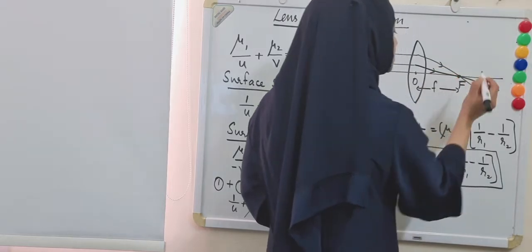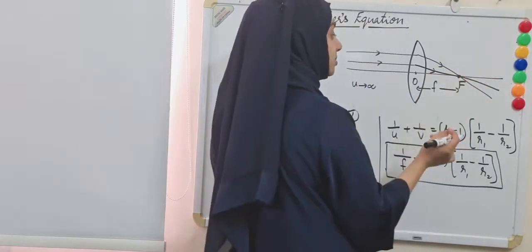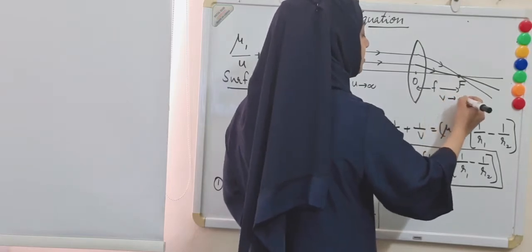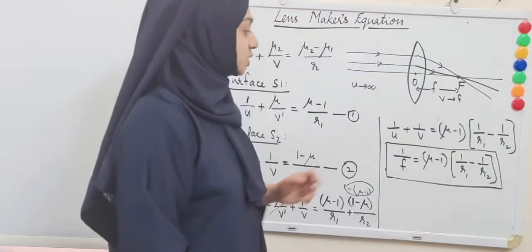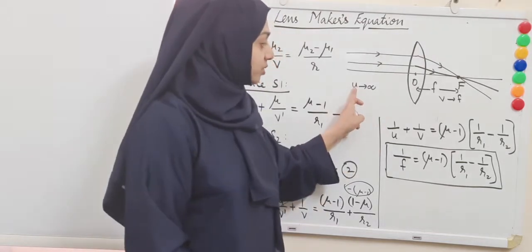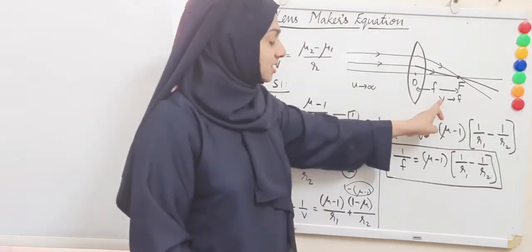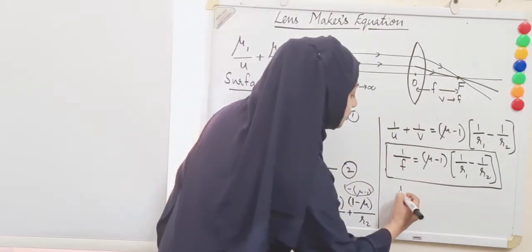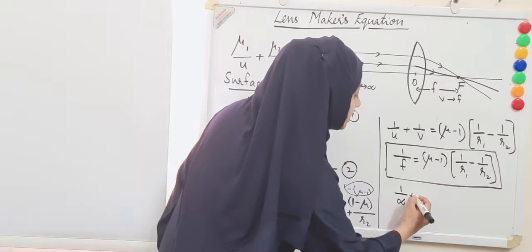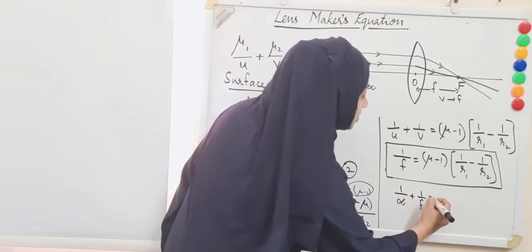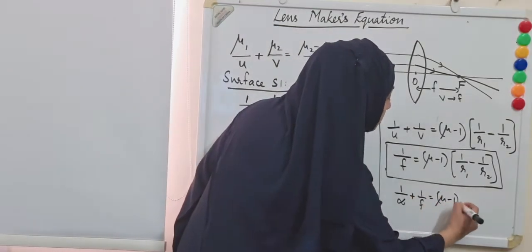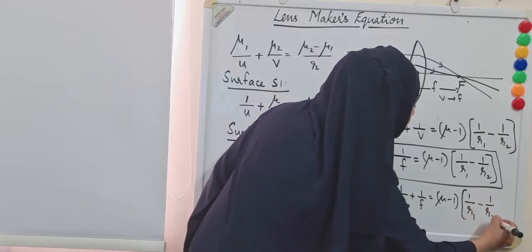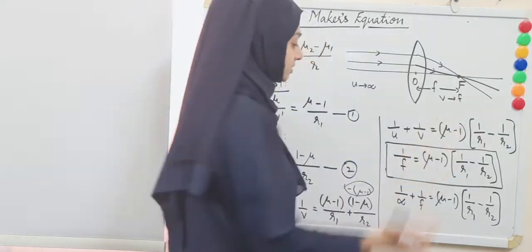So where is the image formed? The image is formed at the principal focus, which means the image distance will be f. So I will substitute the object distance as infinity and the image distance as f in this equation. So I will get 1 by infinity plus 1 by f is equal to mu minus 1 times 1 by r1 minus 1 by r2 from this equation.